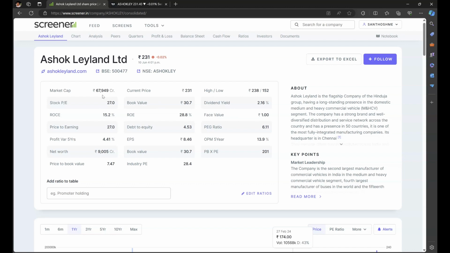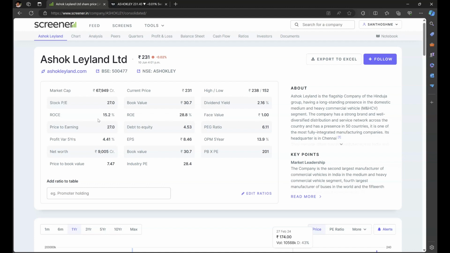So as I said, Ashok Leyland is a large cap company with around 68,000 crore market cap. The first thing I will look at is how it is in general. Here you can see a lot of data. I look at a few parameters importantly. First I will check the ROCE and ROE.